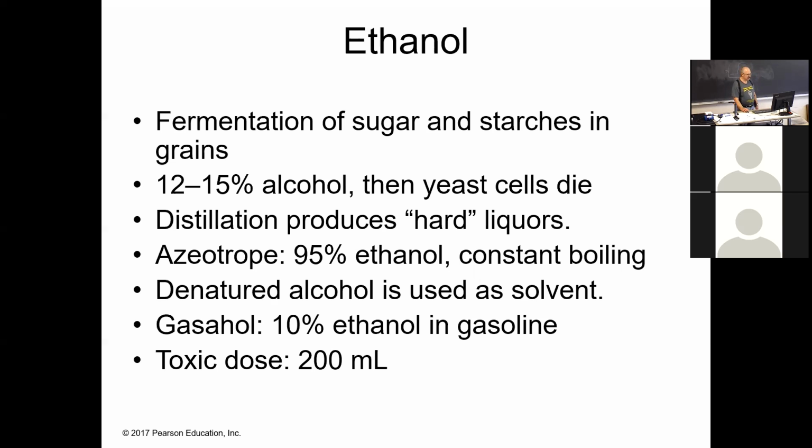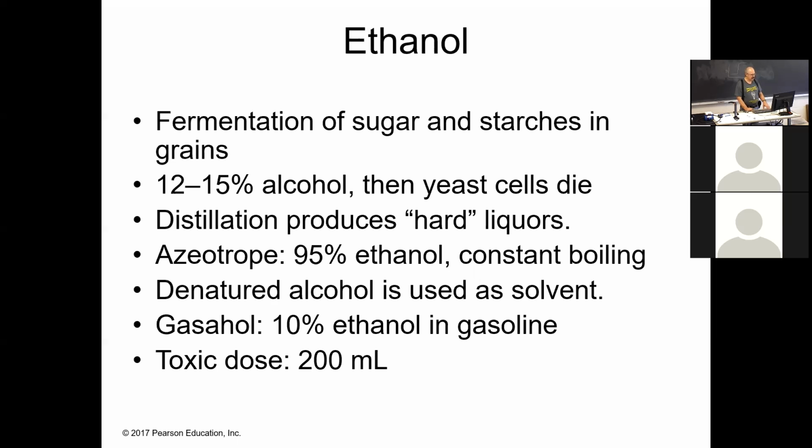Ethanol that is to be used for fuel, especially if it's going to be mixed with gasoline to form gasohol, needs to be a higher percentage than this. And so what is done is to add benzene to the ethanol-water mixture, and then you get a 3-component azeotrope that boils off that contains the benzene, most of the water, and a little bit of ethanol.